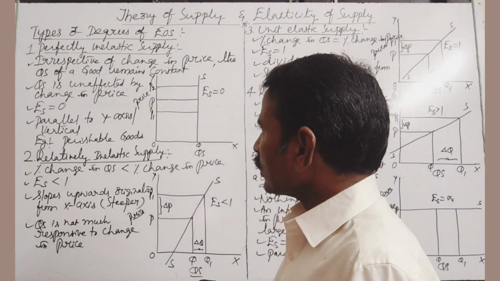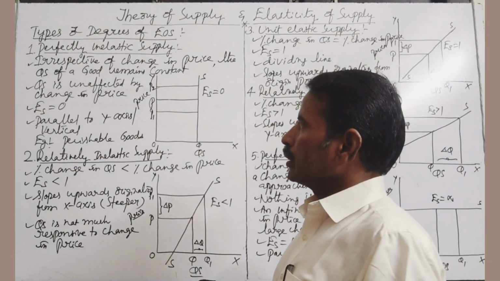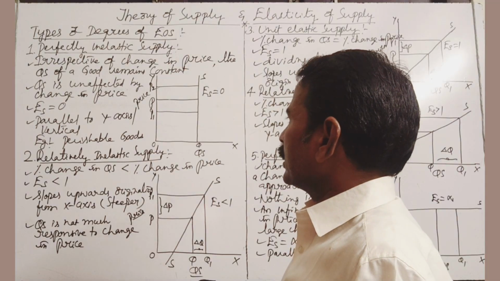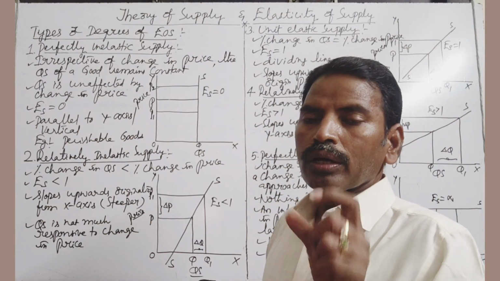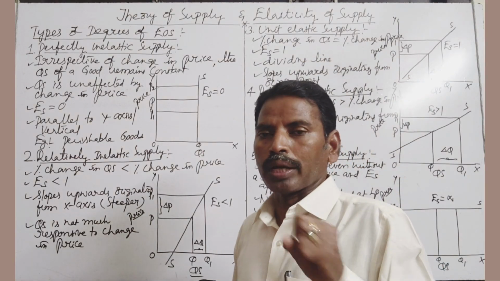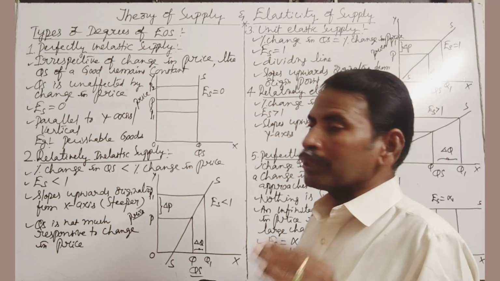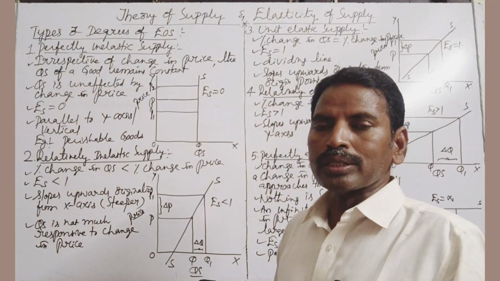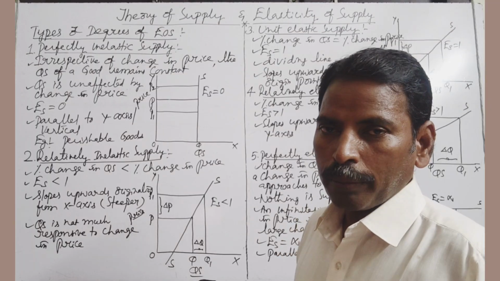Number 1, perfectly inelastic supply. It is also called zero elastic supply. Irrespective of change in price, the quantity supplied of a good remains unchanged or constant.